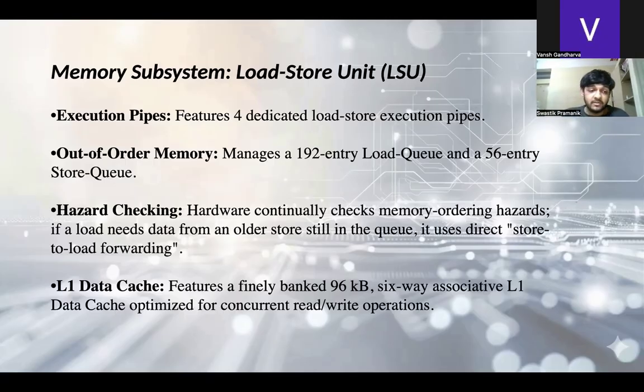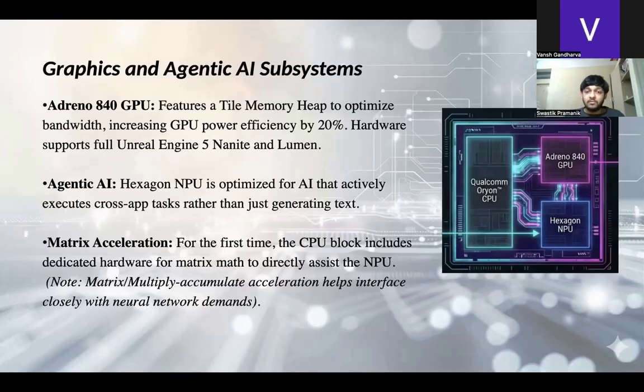Now we will look into the graphics and agentic AI systems. It contains the Adreno 840 GPU, which includes a tile memory heap that improves bandwidth usage to increase efficiency by about 20%. It fully supports advanced gaming technologies like Nanite and Lumen.